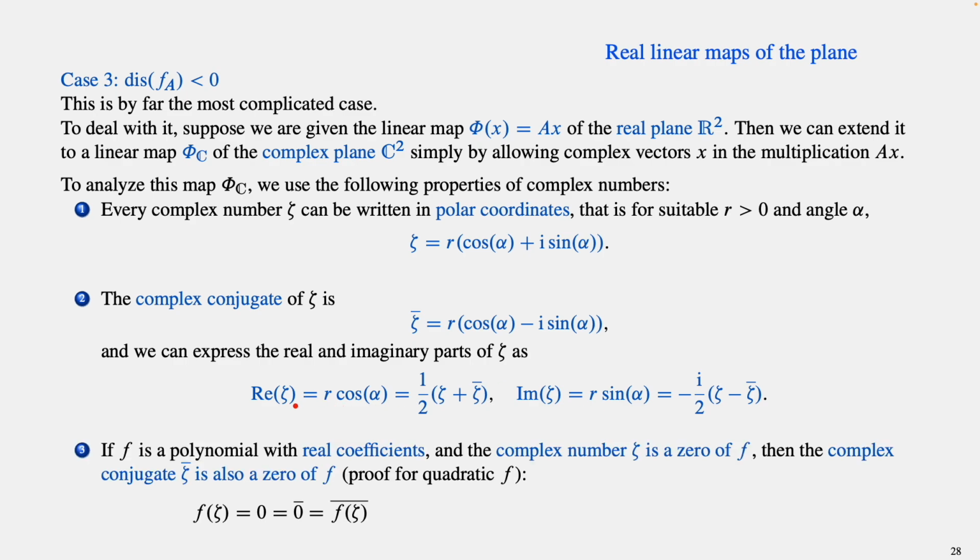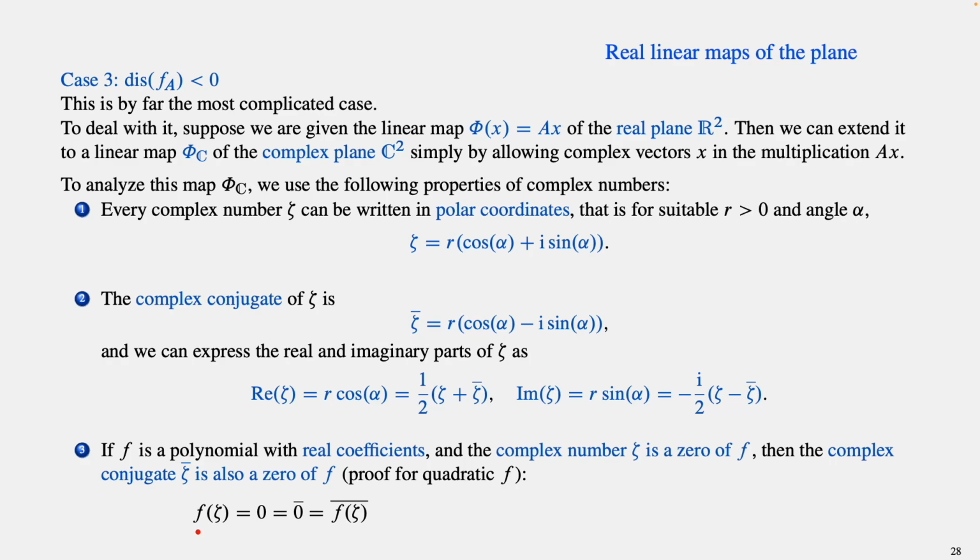And now one observation about real polynomials into which we plug in complex numbers. If f is a polynomial with real coefficients and the complex number zeta is a 0 of f, then the complex conjugate zeta bar is also a 0 of f. I will just prove this for quadratic polynomials for lack of space, but the statement holds for polynomials of arbitrary degree.